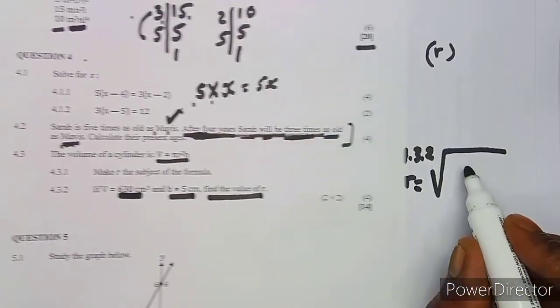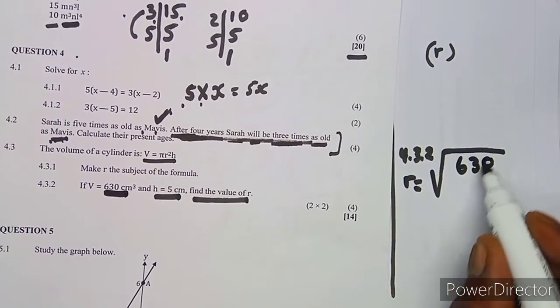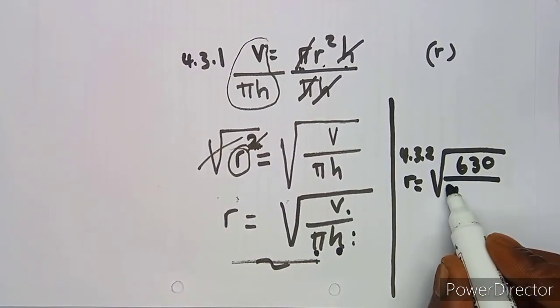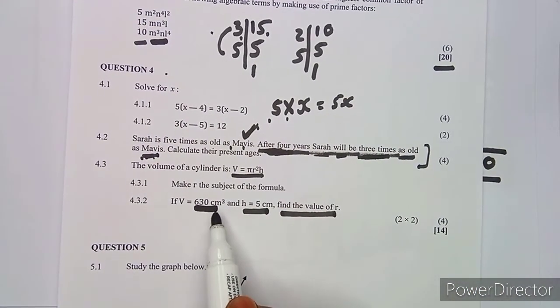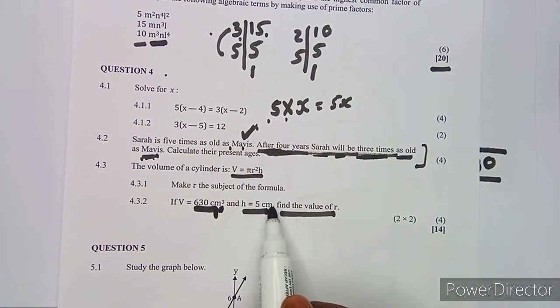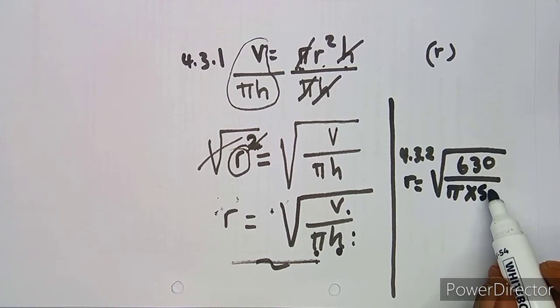So V, that is our volume, which is 630. So it's 630 over pi h. So pi, just write it as pi times h, which is the height. So this is our height. Take note also, this must be centimeters, cubic centimeters, and this one must be centimeters. The units there must be in the same accord. That is what is important.